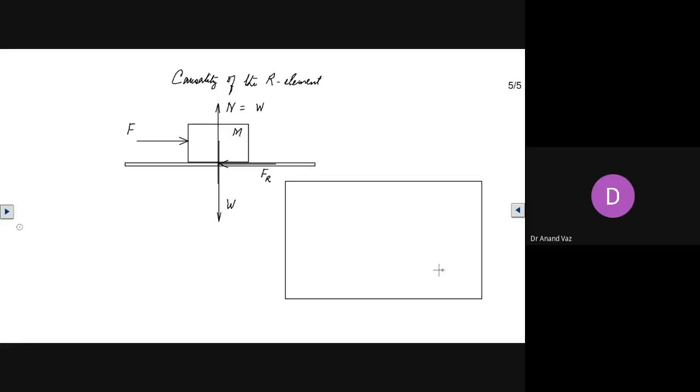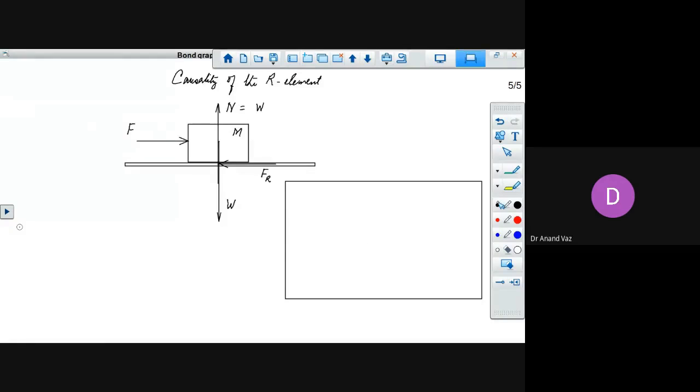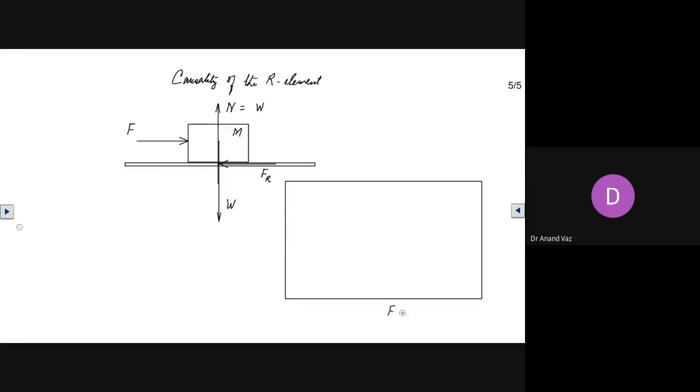We are going to apply this force F here on this axis and here FR. As we apply the force F, initially there will be no motion of the block.